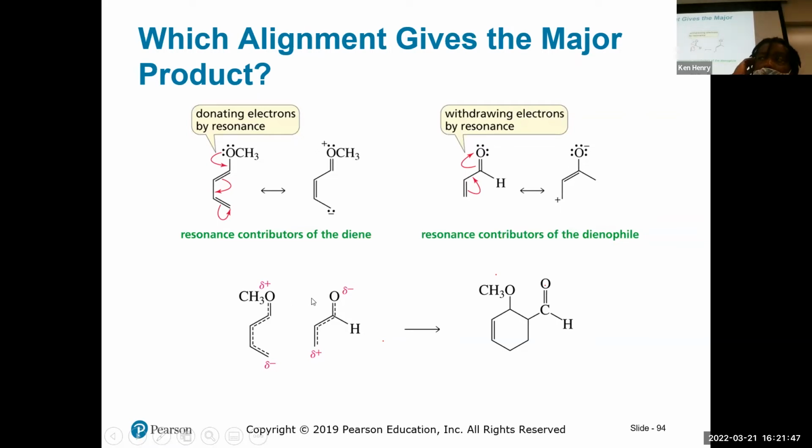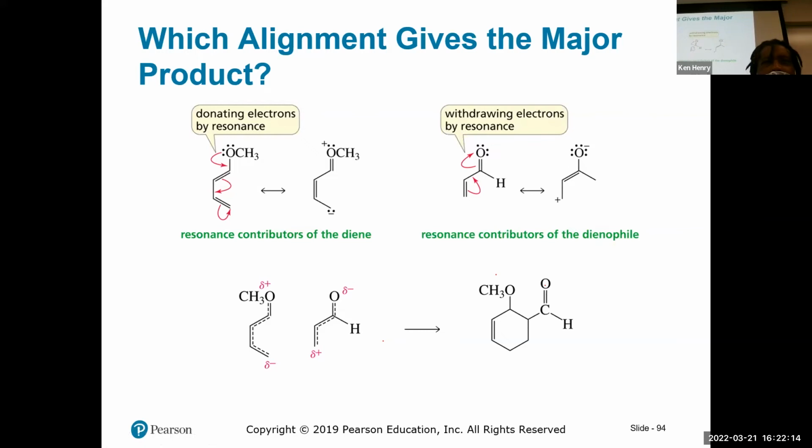And then this other one has a negative charge on your oxygen and a positive charge on your carbon, a more stable one. So in this case, it's just looking at our resonance structures more so than anything else, not stability, because this guy is clearly less stable than this resonance structure, right?